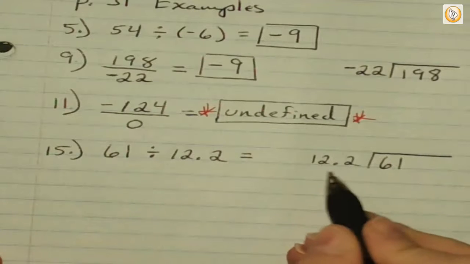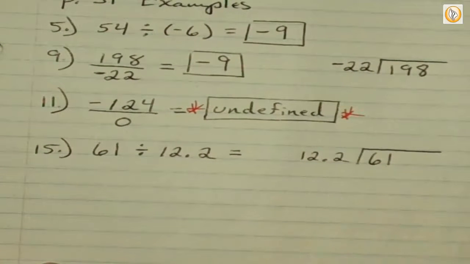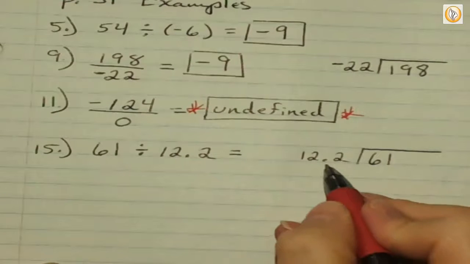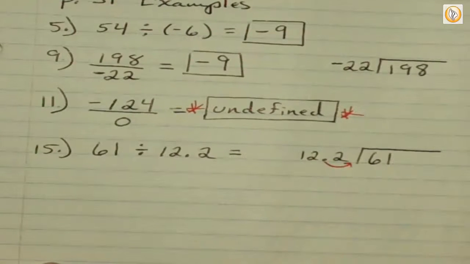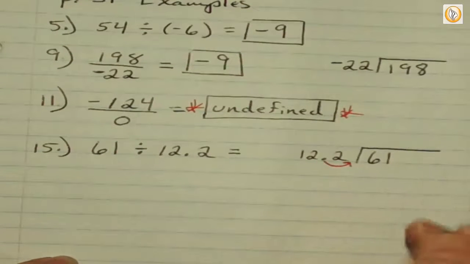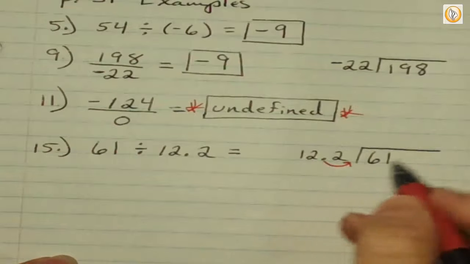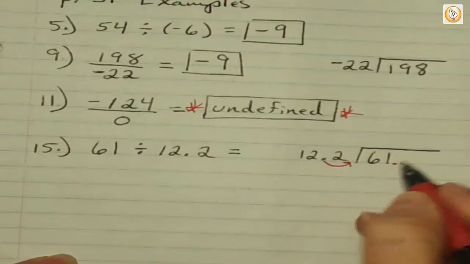Can I have a decimal in the divisor? No, ma'am. So I've got to get rid of it. To get rid of it, I move it in this direction one place. It depends. Sometimes it's 2 places, sometimes 3 places. But in this case, it's only one place. So, therefore, what I do out here, I got to do on the inside.